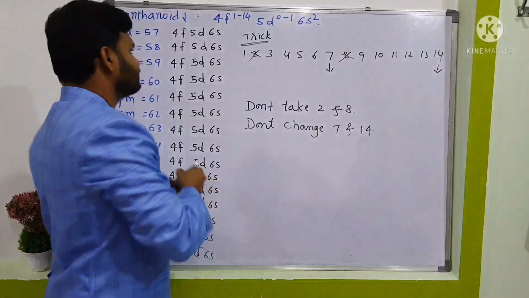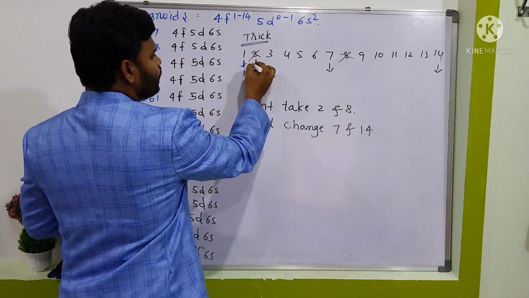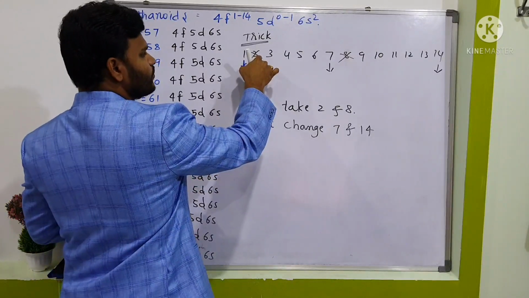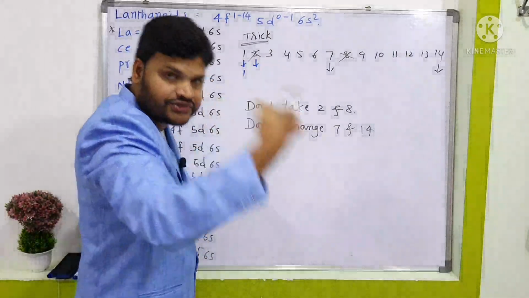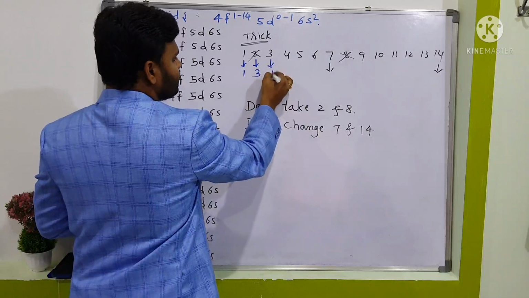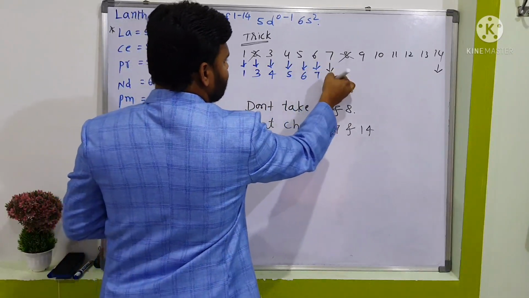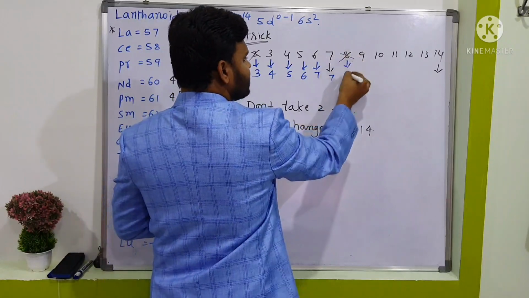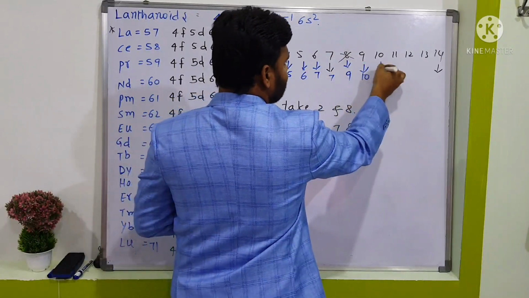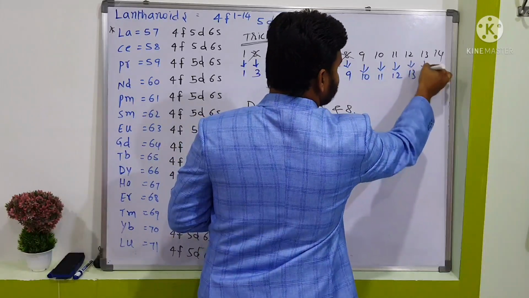Just look at the board. Here 1 means you have to take 1. Here 2 is already cancelled out, so you have to take the next number, 3. Same logic: 4, 5, 6, 7. Here 7 stays 7. Here 8 is cancelled, so take the next number, 9, then 10, 11, 12, 13, 14.